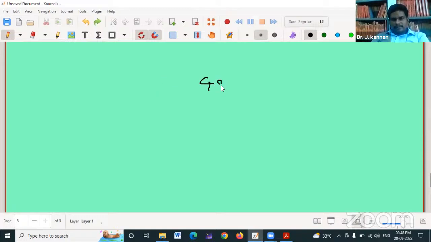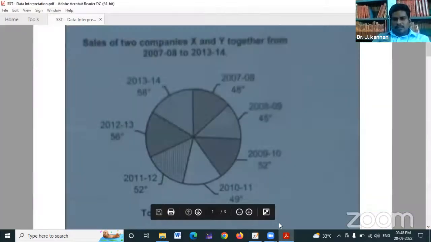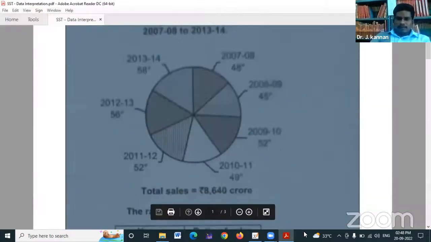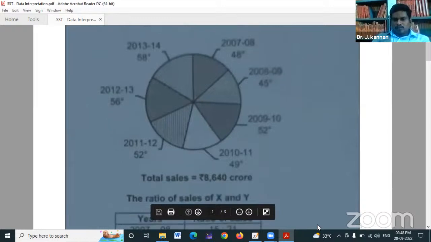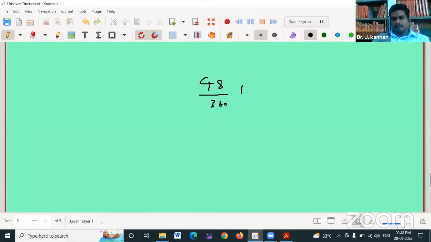48 out of 360 into total sale. So the total sale is 8640 crore. Therefore, cancelling 0 and cancelling by 12, so 4 times 10.